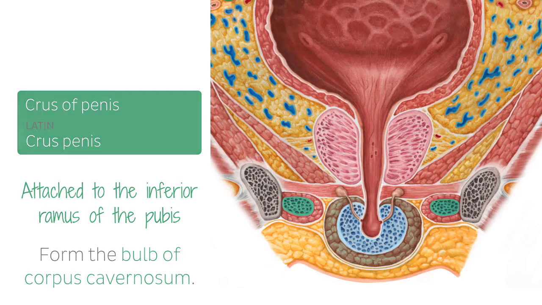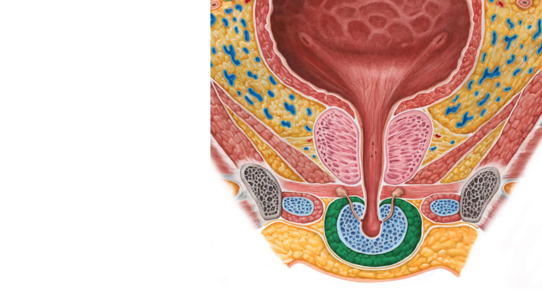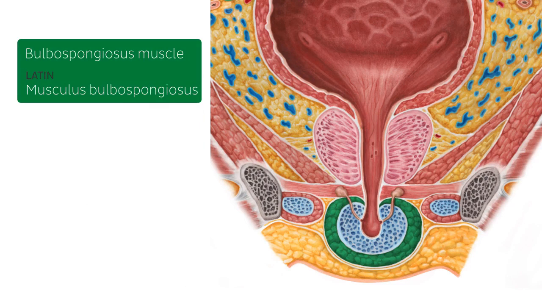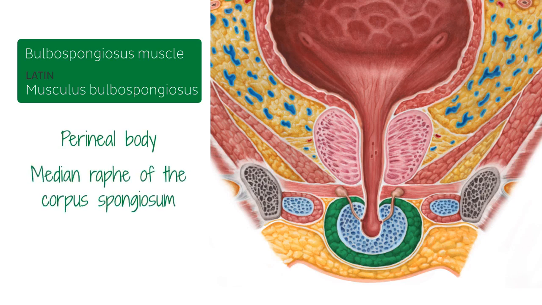Moving on, we're going to be highlighting now a muscle known as the bulbospongiosus muscle. The bulbospongiosus muscle arises from the perineal body and the median raphe of the corpus spongiosum. In the male pelvis, this muscle covers the bulb of the penis. It consists of two symmetrical parts uniting in front of the median raphe from the central tendinous part of the perineum.